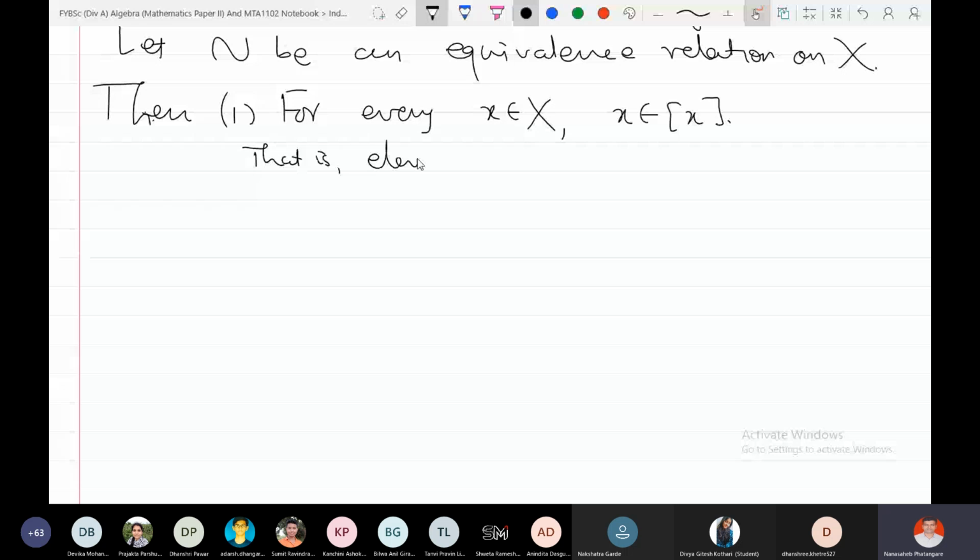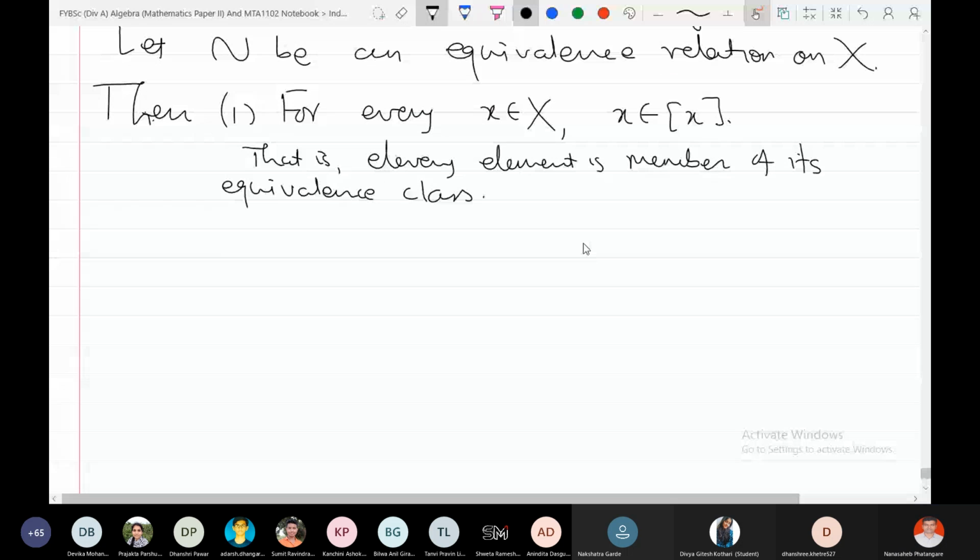Every element is a member of its equivalence class. So whatever is the equivalence class of x, x is a member of its class. That is obvious, because if you take a representative of a class, the representative is always a member of that class, right?